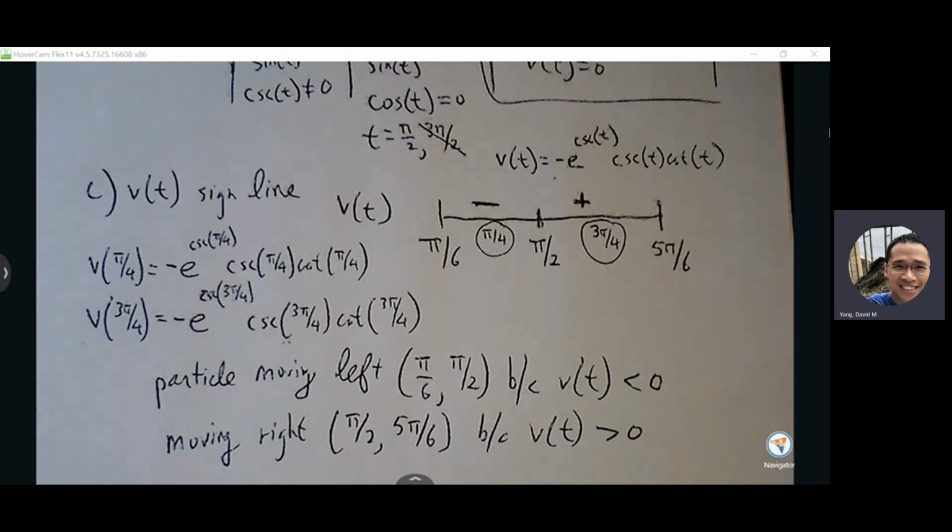Okay, so if you see something like this on the test, this is a good example of a particle motion problem. Questions?